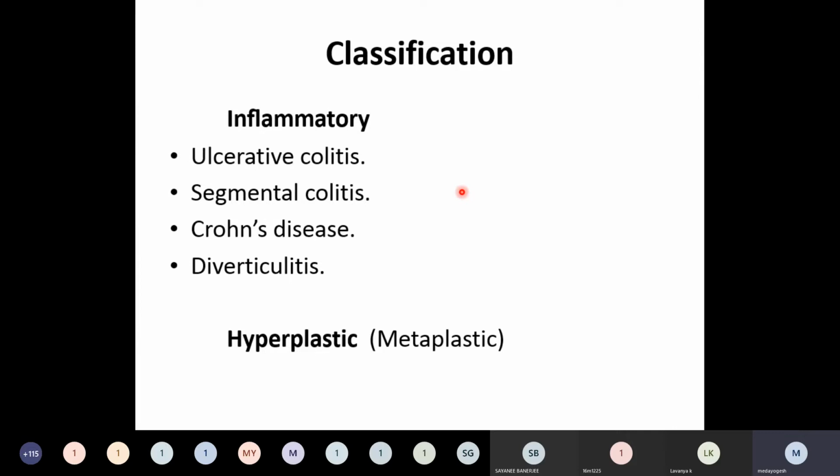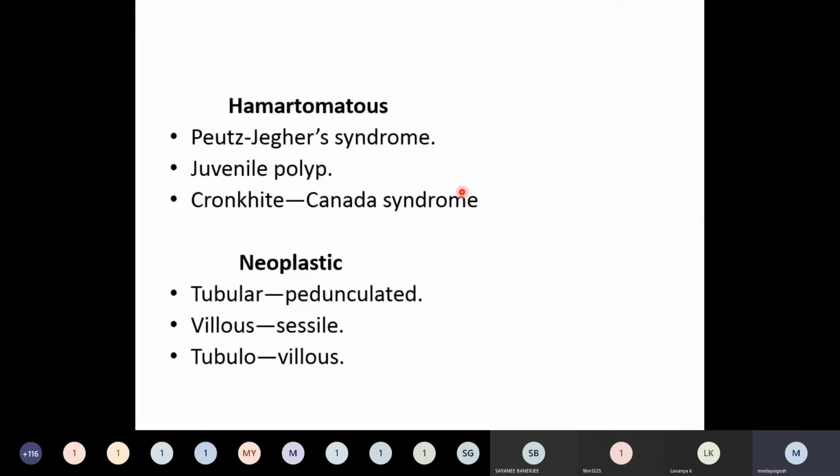The first one is the inflammatory. We have four commonly seen varieties: those seen in ulcerative colitis, segmental colitis, Crohn's disease, or diverticulitis. The second type is hyperplastic or metaplastic, which is commonly seen in the rectum.